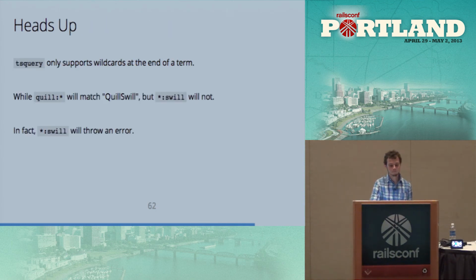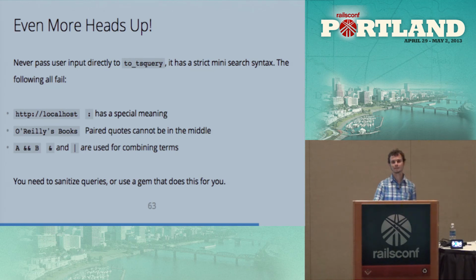A little heads up, because this gets weird. tsquery only supports wildcards at the end of a term. This is because of the way that Postgres has implemented its indexing. So while quill:* will match quill swill, *:swill will not. Instead, it's going to explode. It's going to throw an error, which brings me to even more heads up.